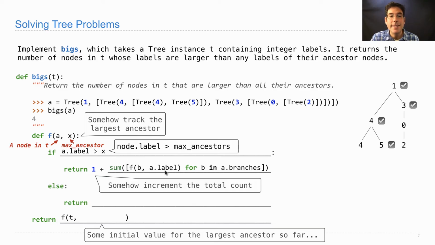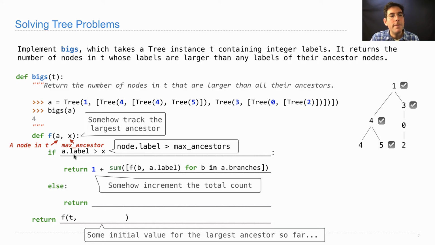So that means a's label is the largest ancestor label I've seen so far because it's bigger than whatever was the largest before looking at a. So by understanding what these names x and a represent, I'm able to figure out what argument to pass in when I analyze the next branch.